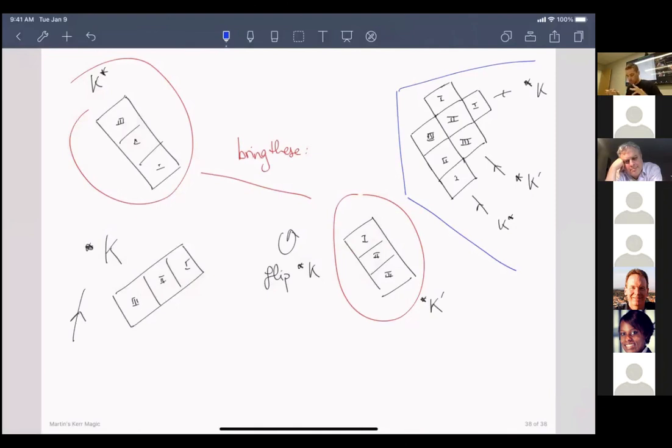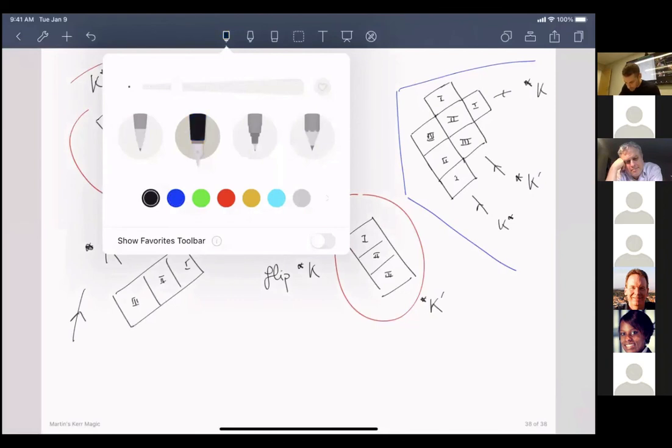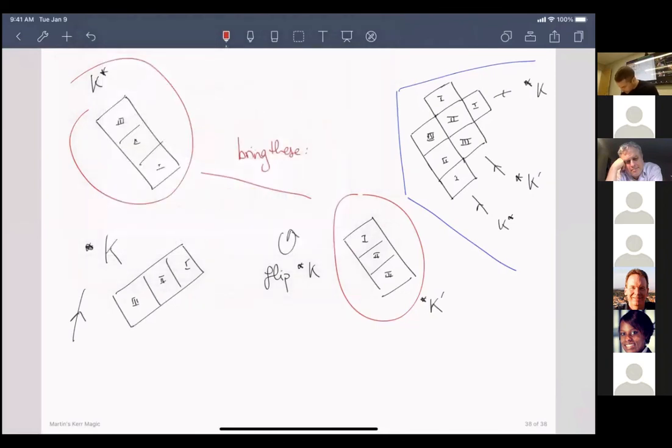But then what happens is that once we've done that, we can glue on star Kerr prime to Kerr star by playing the same trick that we played with the coordinate changes, but now in these directions.